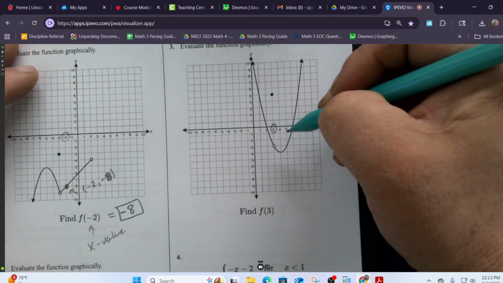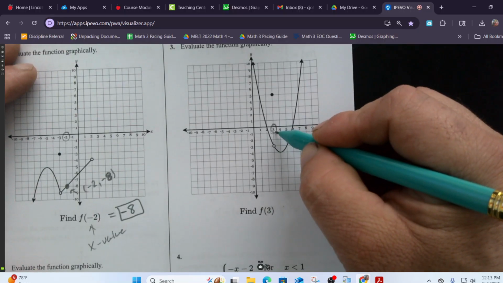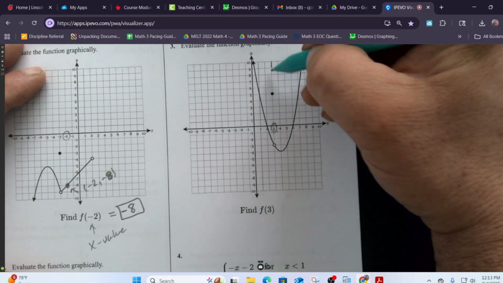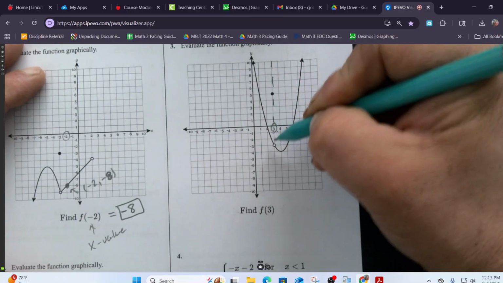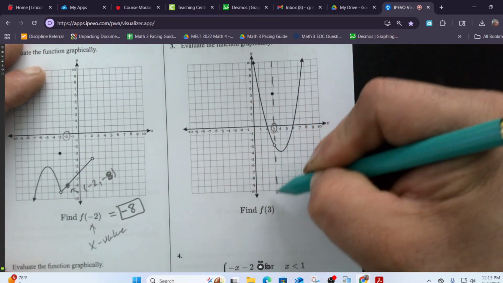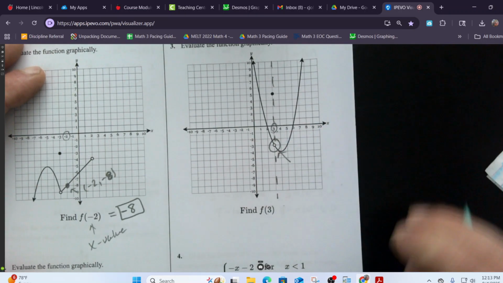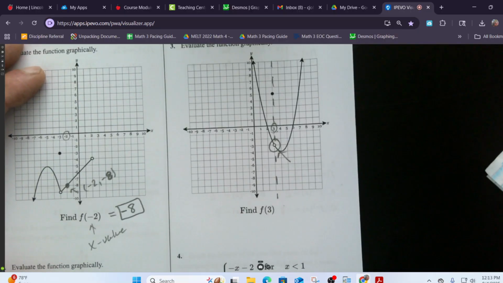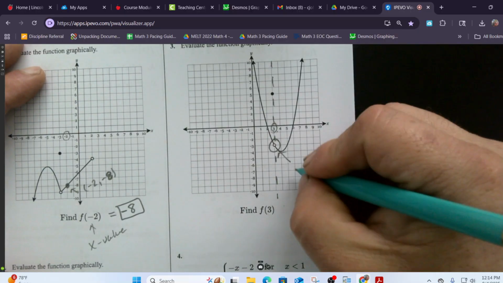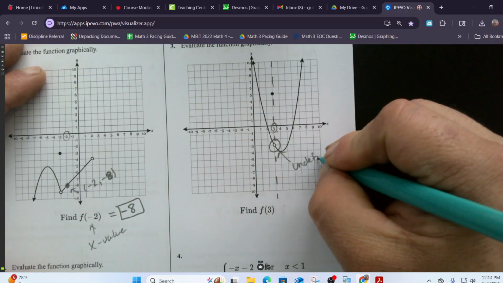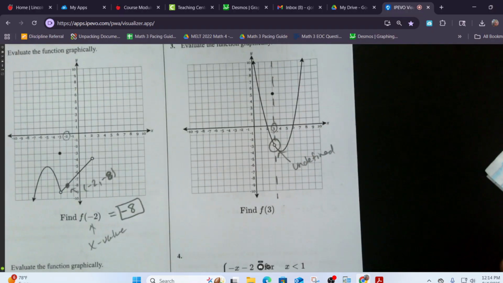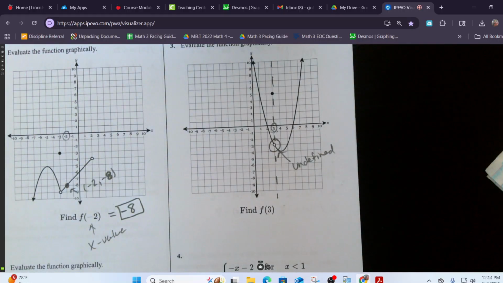All right, guys. Okay, so here's that number on the x-axis. Now remember, you can look anywhere on this vertical line to see where it's defined. First of all, that open dot falls on that vertical line of x equals 3. That's undefined, so you do not want to use that coordinate.